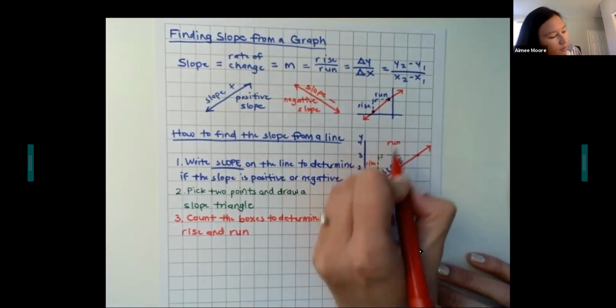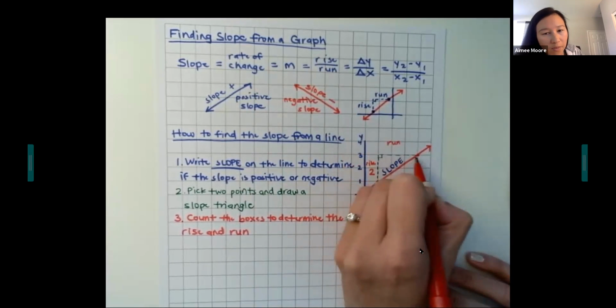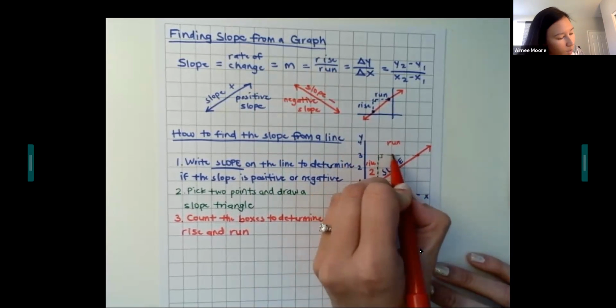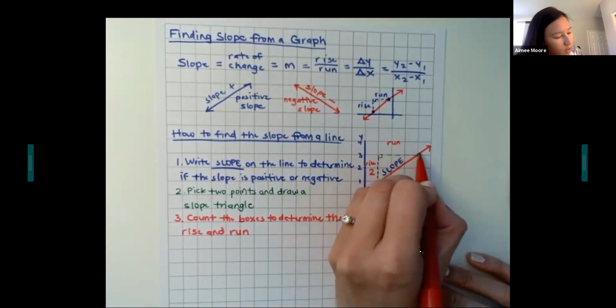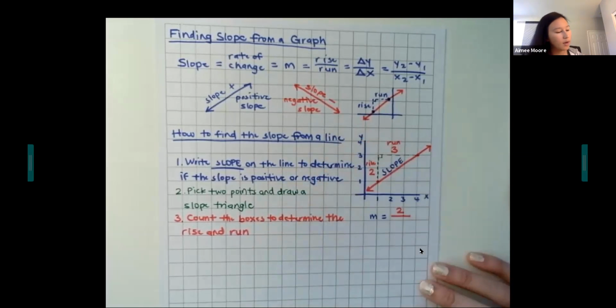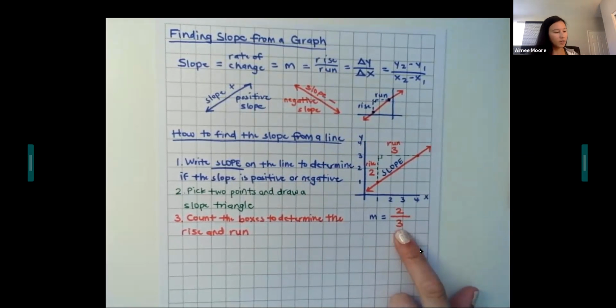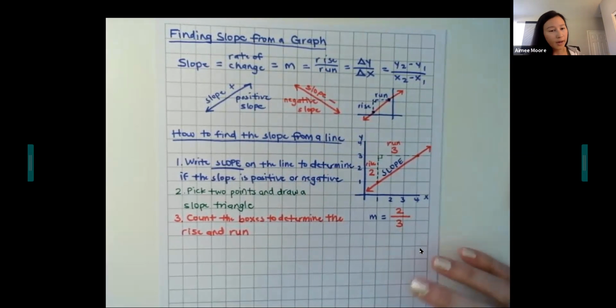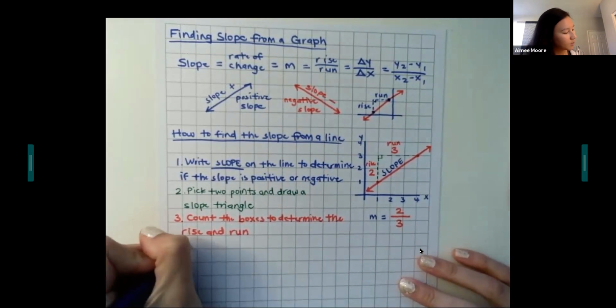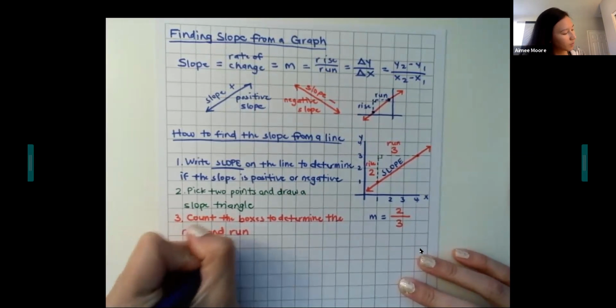Our run, remember, is the left to right movement. It goes over 1 box, 2 boxes, 3 boxes. So the run is 3. And so now we just wrote our slope, which is 2 over 3. The last step is just write the slope, which we already did.